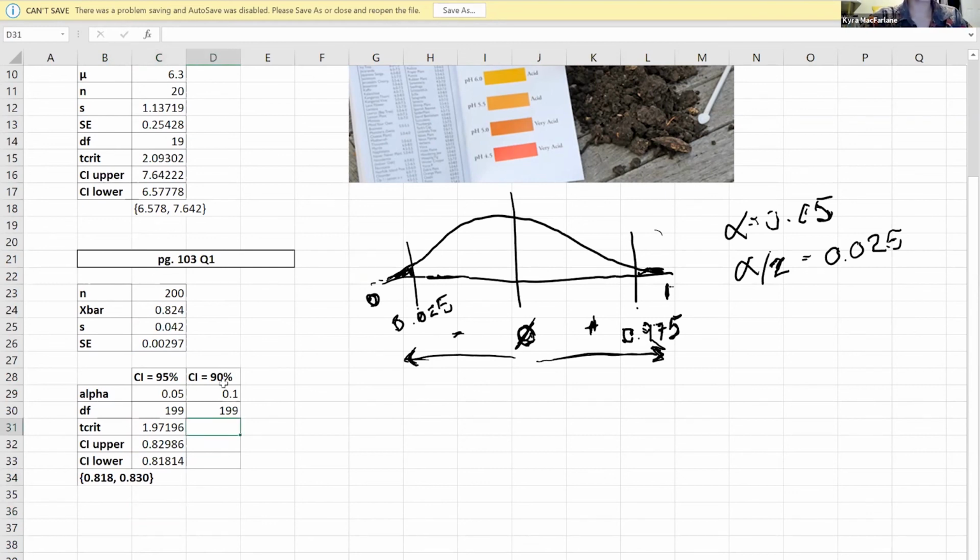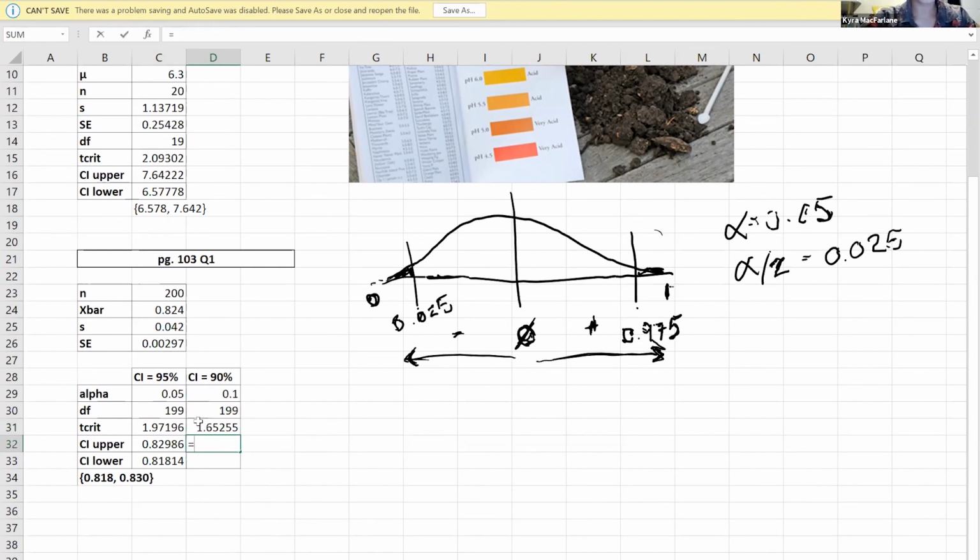For the 90% confidence interval with our alpha 0.1, we can use t.inv, and I'm going to use the two-tailed one. Our probability is 0.1. Our degrees of freedom is 199.